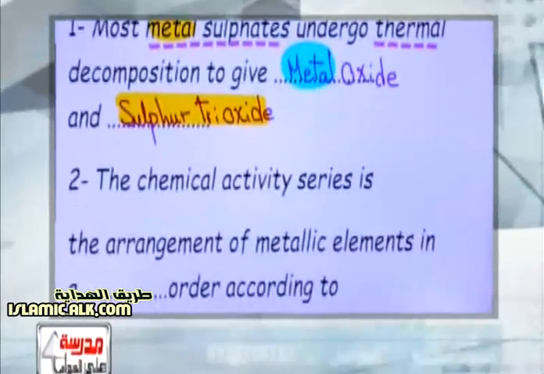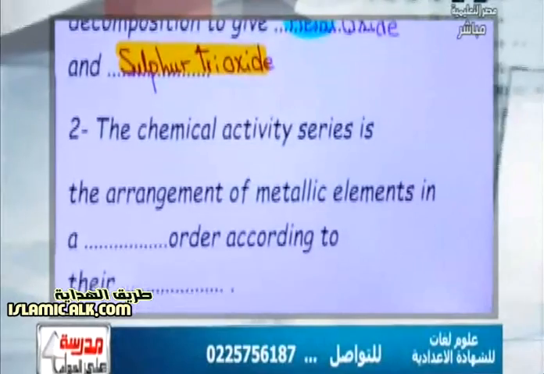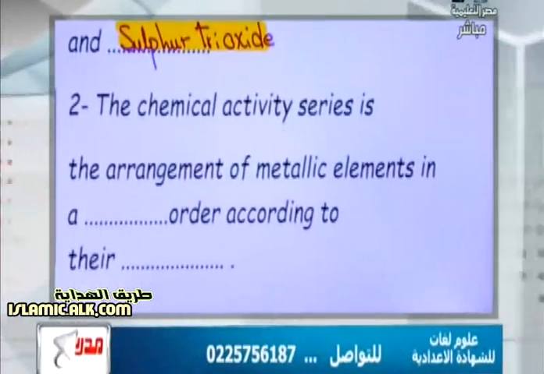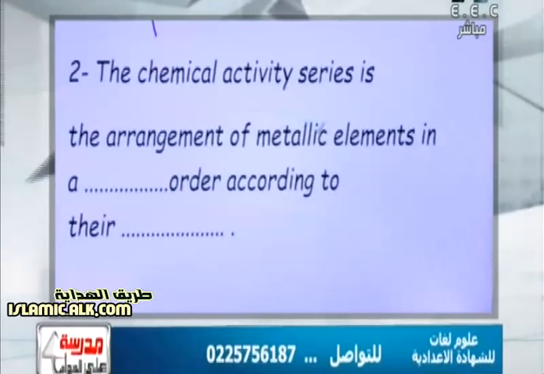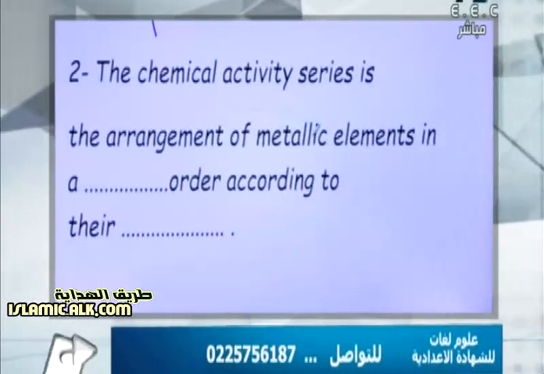Next question, dear students. The chemical activity series is the arrangement of the metallic elements in what order according to their what?